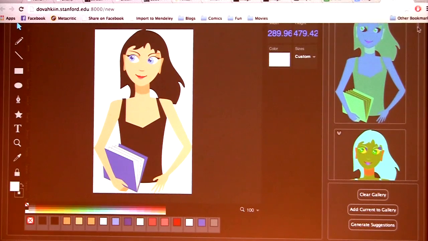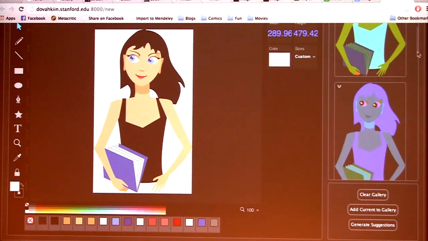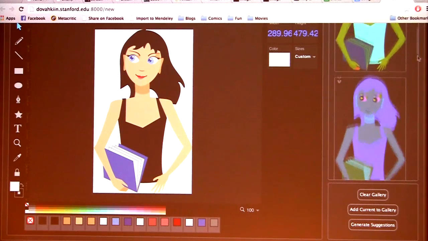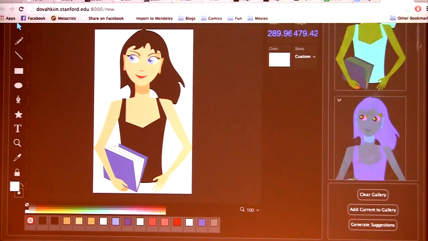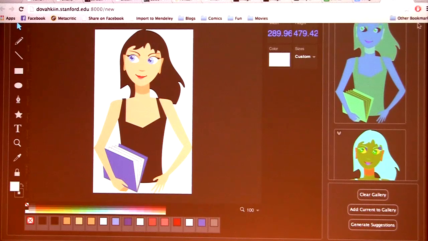One reason for this is that it's really hard for the computer to know that this is a person and that skin color should really be skin color and not some arbitrary other color. Even if the colors do look good on an abstract pattern, if you change the skin color, then you'll get aliens and zombies.